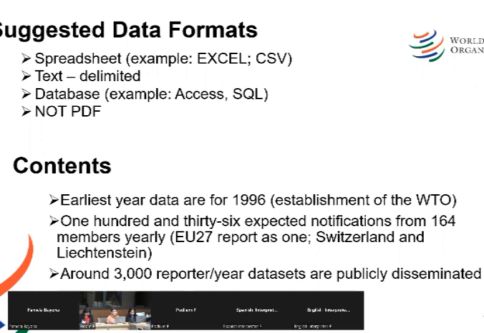So this is actually twice a year: tariffs once during the first quarter, and then imports of the previous year during the last quarter. Because the EU 27 report as one, and Switzerland and Liechtenstein report as one. And the earliest data that we have in the IDB are for 1996.